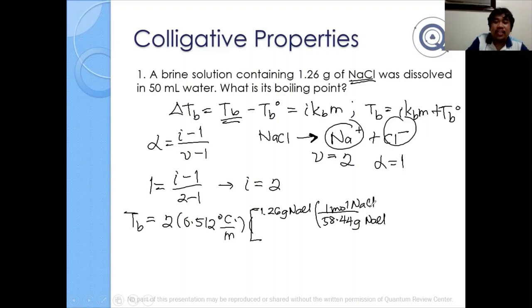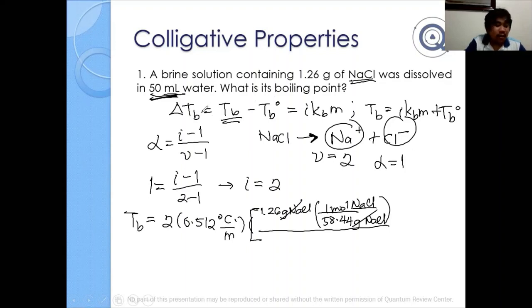So you have the moles of solute on top, and kilograms of solvent below. But you are not given the mass of the solvent, you're given the volume. In order to convert this volume in mL into its mass equivalent, you need the density, in gram per mL.